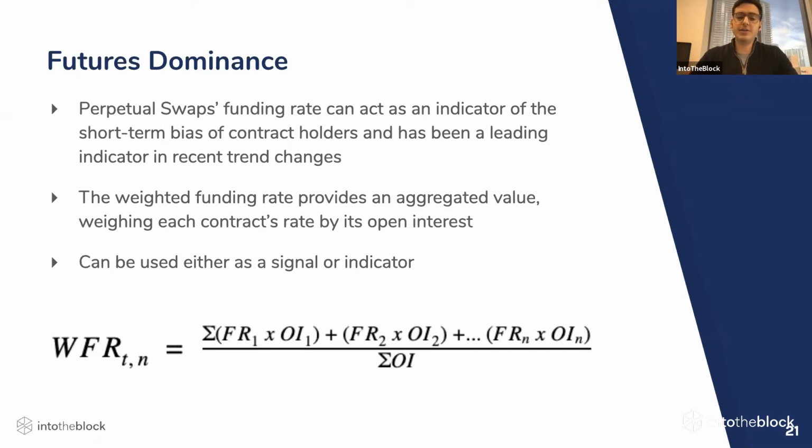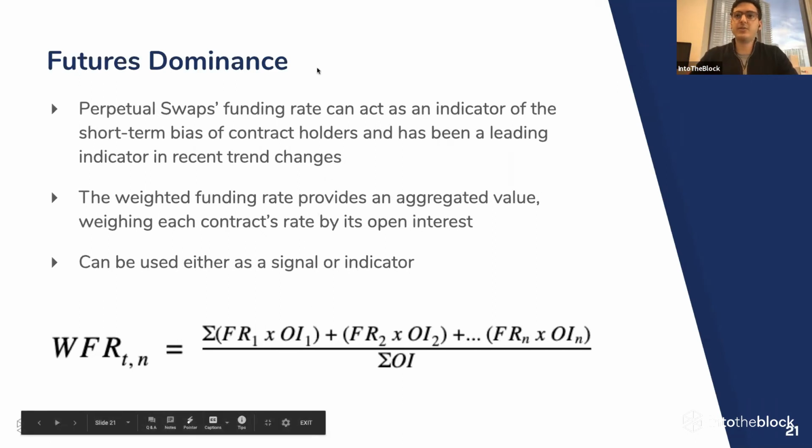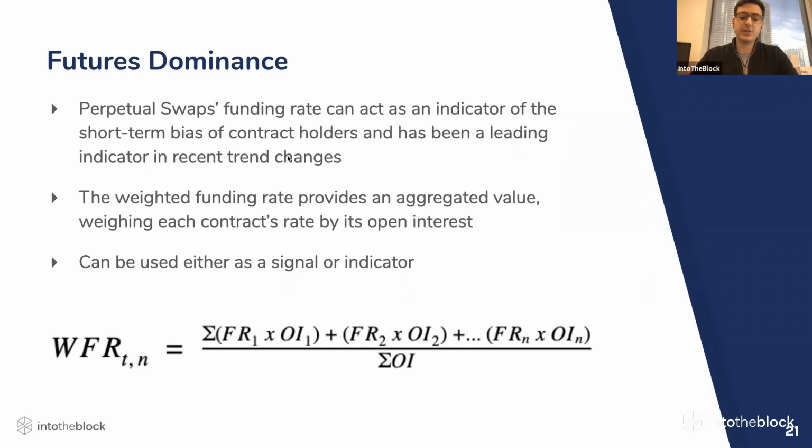So additionally, other than futures dominance, we're coming up with the weighted funding rate. It's essentially a measure of the funding rate applied to all the open interest contracts, all the futures contracts. Essentially, we're weighing the funding rate in each exchange by the open interest, not the volume.